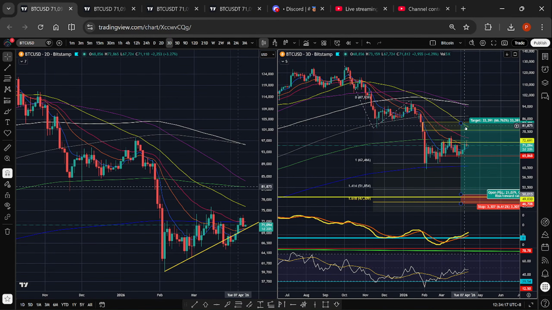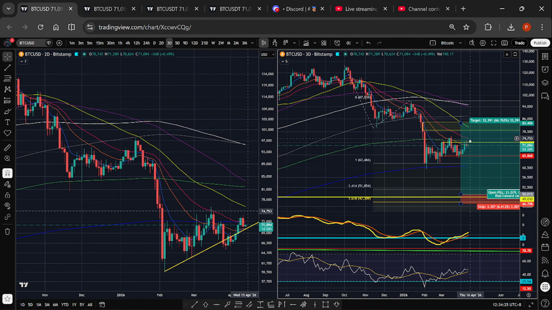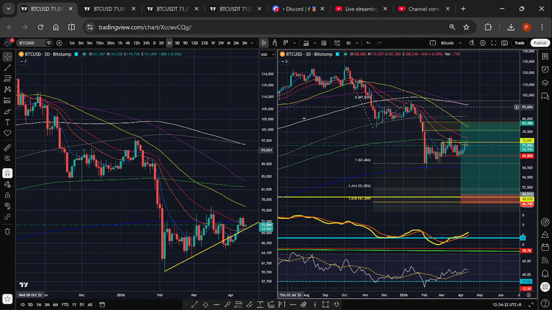So there's still room to come up, or it could actually come up to, like I said, around that 78k, even up to this moving average. So yeah, that's what we're looking at.